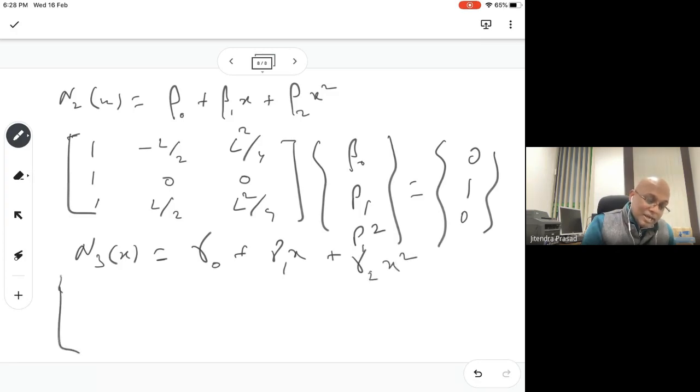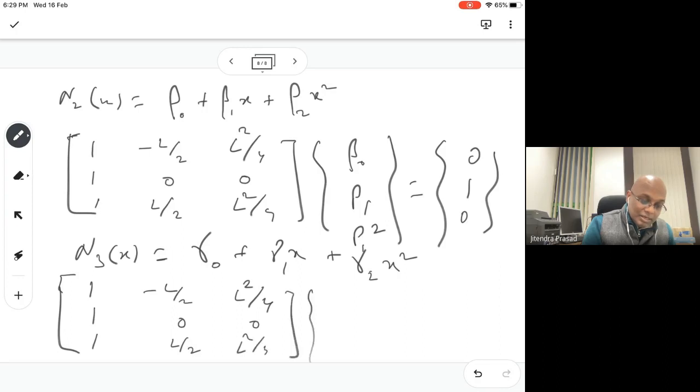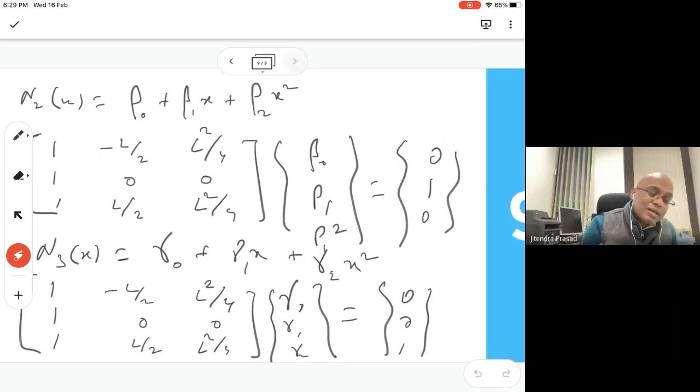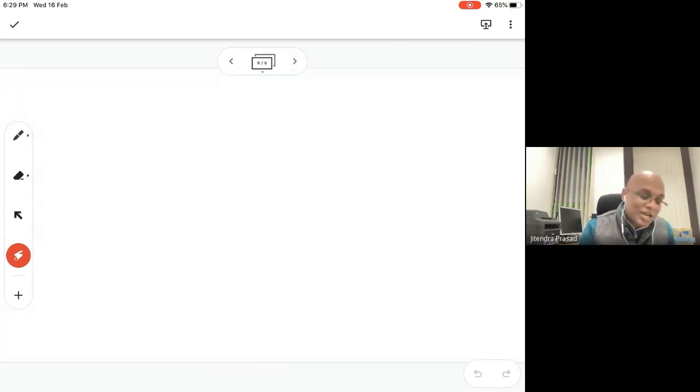In this case also you can get the matrix 1, minus L over 2, L square over 4; 1, 0, 0; 1, L over 2, L square over 4, times gamma naught, gamma 1, gamma 2, is equal to 0, 0, 1. So either you can use this to invert, or even better, you can have some tricks for very fast calculation.